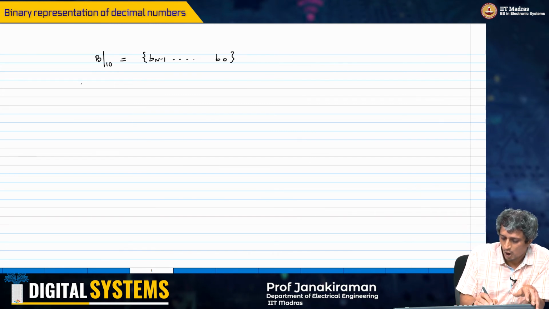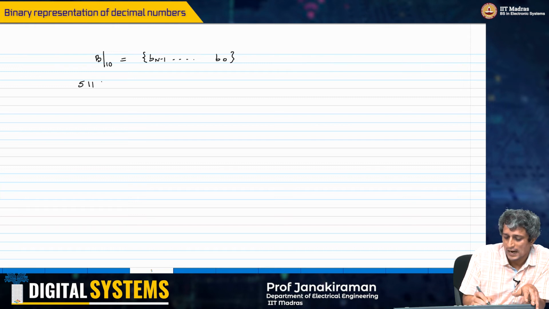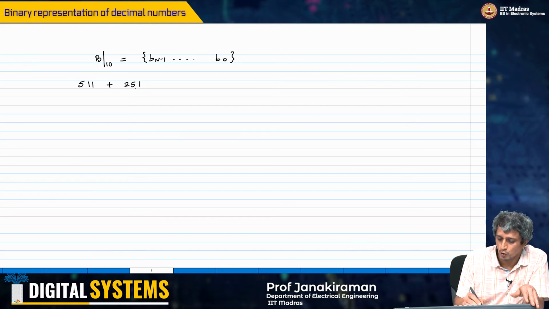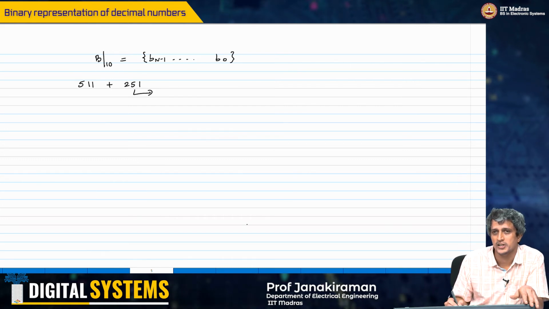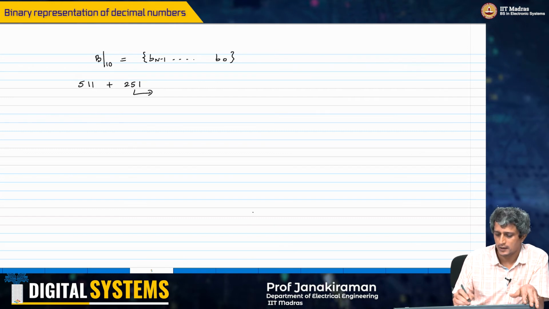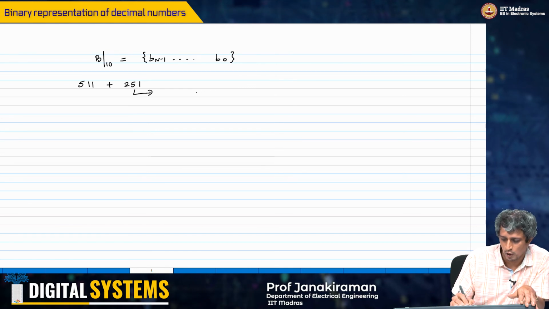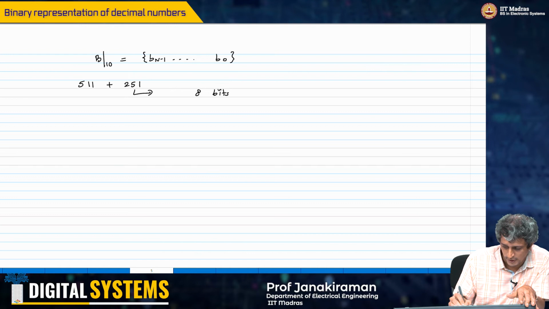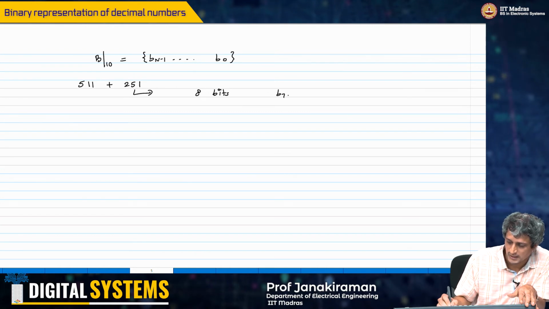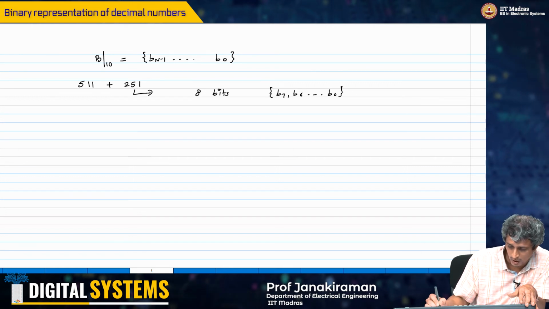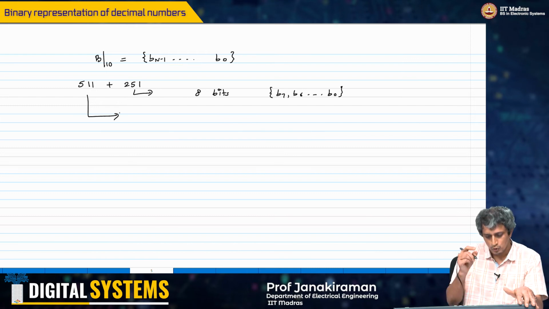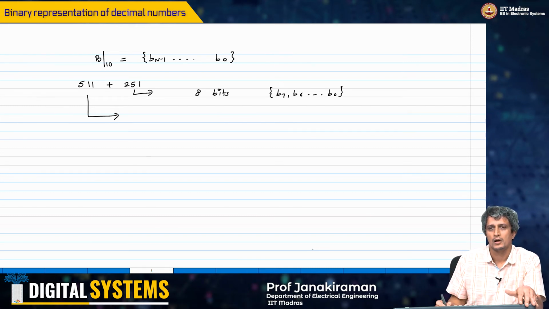because one common thing that we would do is we might want to add 511 plus 251. When you do the binary representation for 251, you will find that the minimum number of bits you need is 8. We already saw that. So you will represent this as B7, B6 all the way to B0. Now, you do the same for 511.